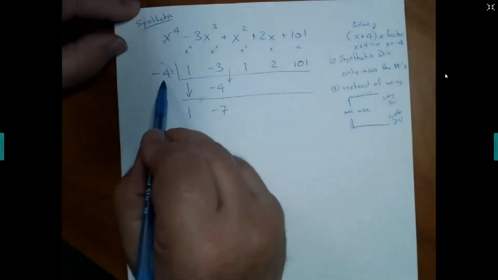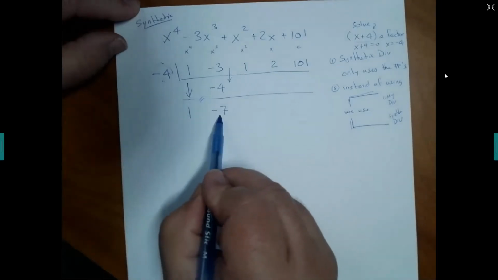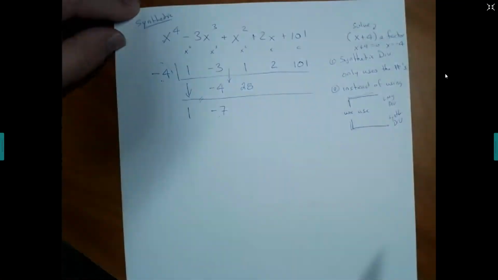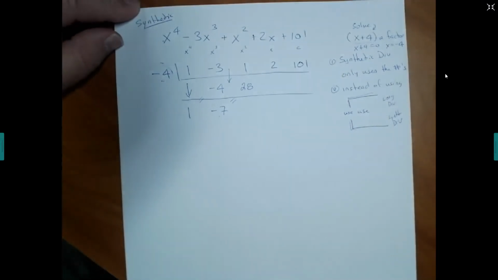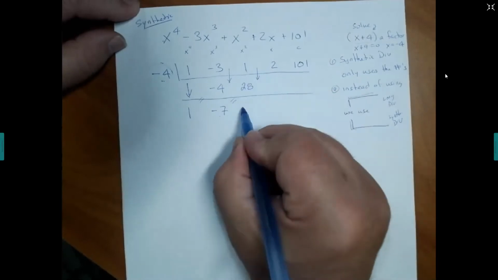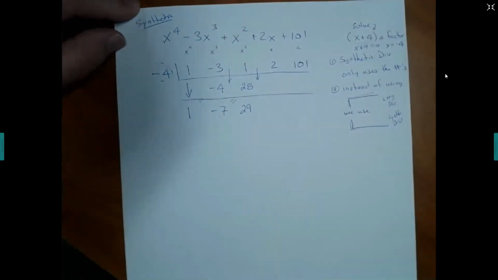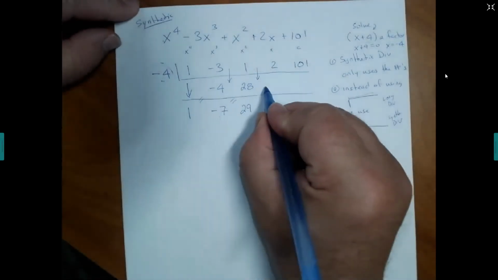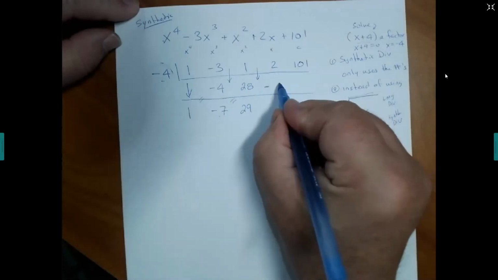Repeat the process. -4 times -7. Negative and negative is a positive. 4 times 7 is 28. Add straight down. 1 plus 28 is 29. -4 times 29 is going to be negative. 4 times 9 is 36.